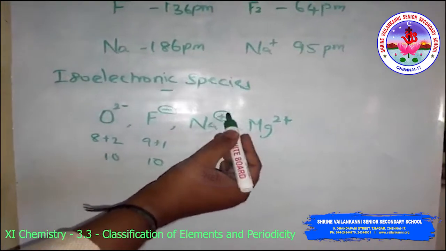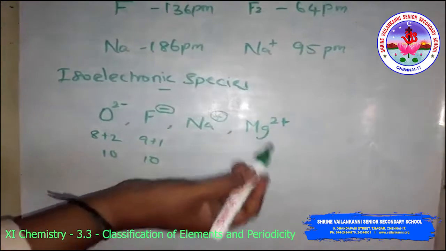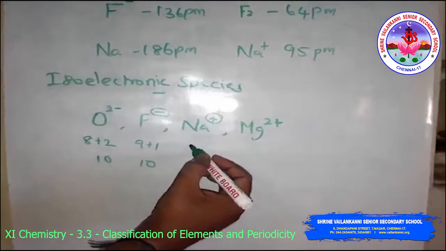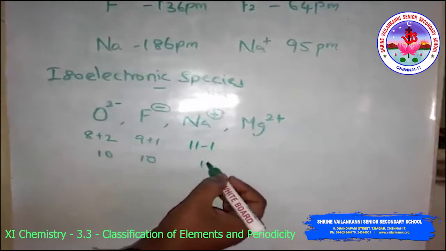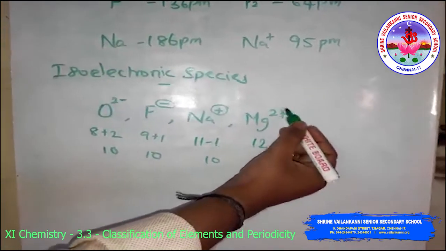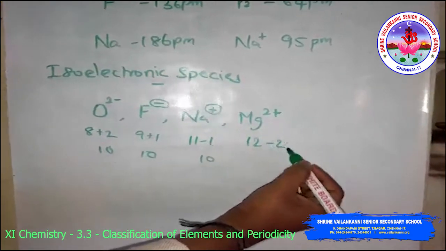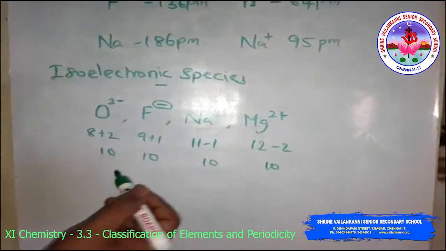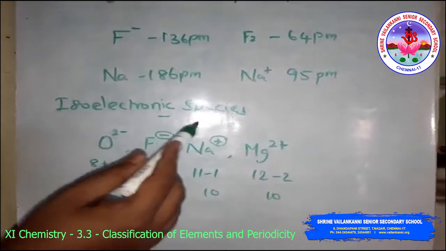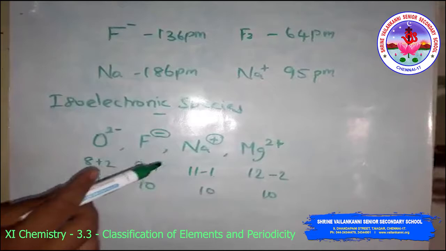Here the cation, the positive charge, means losing an electron, so removing an electron: 11 minus 1 becomes 10. Mg is 12, the cation is 2+, so 12 minus 2 becomes 10. So the same number of electrons are present, so these are called isoelectronic species.